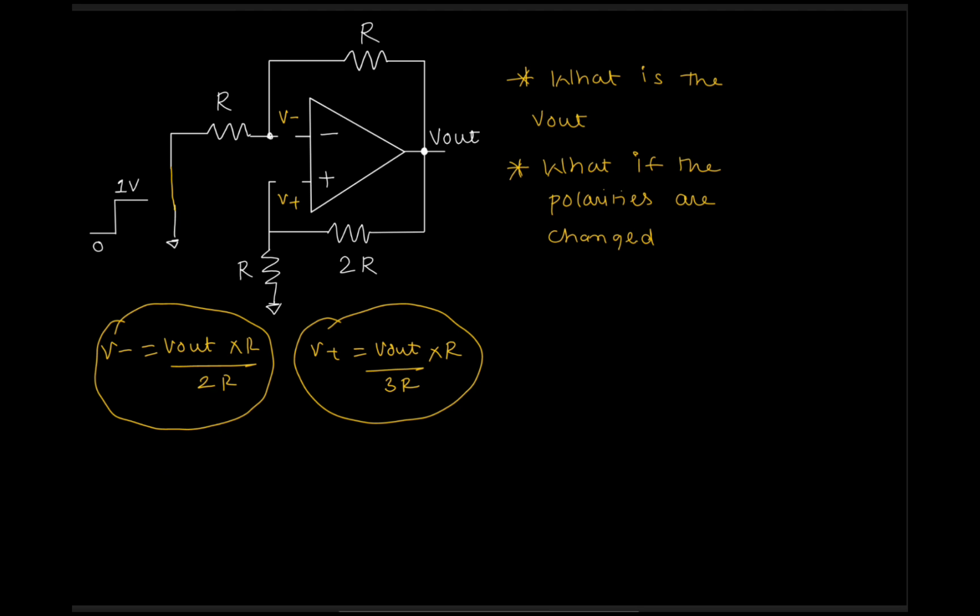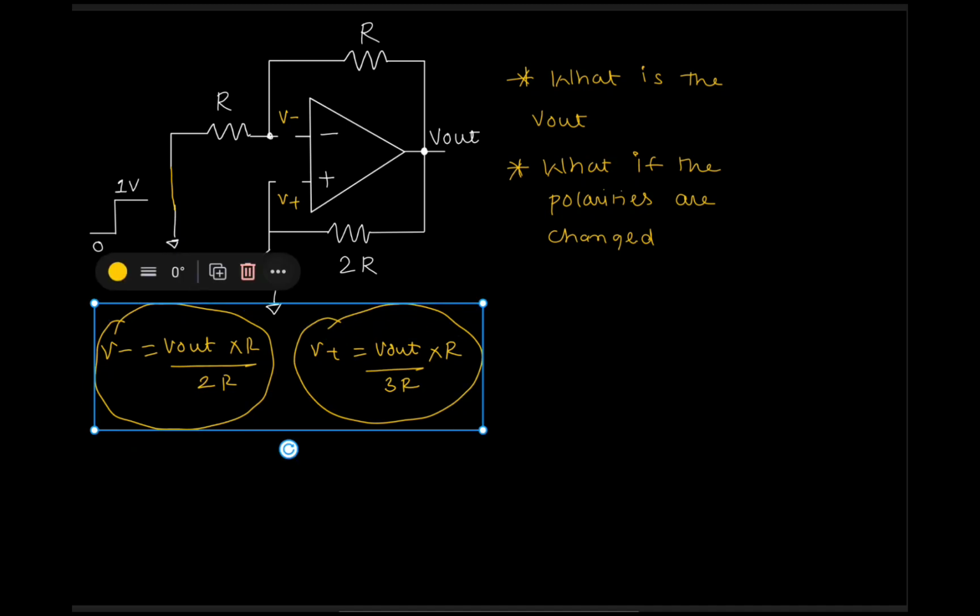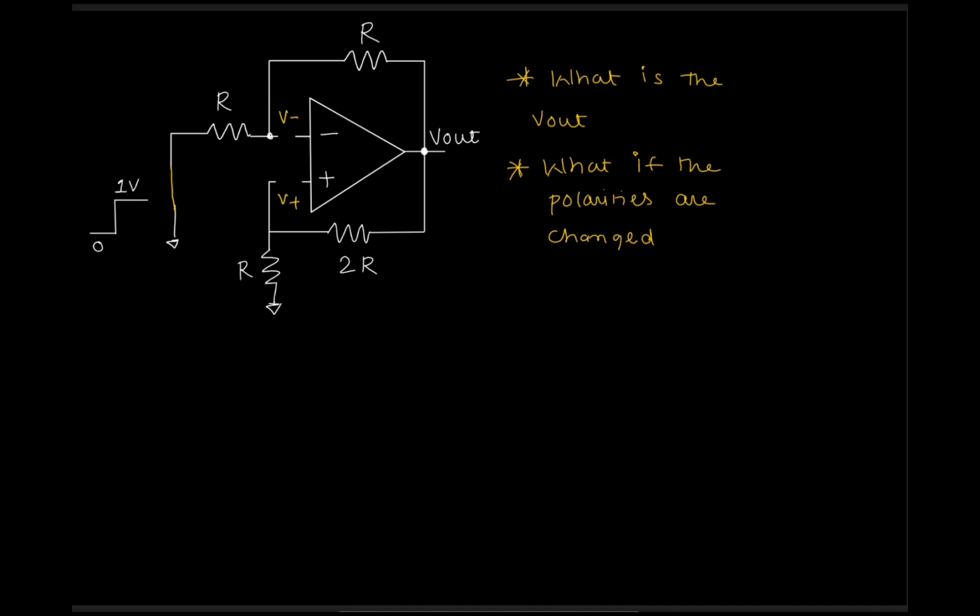That means negative feedback is dominating the positive feedback, so the overall system will be in negative feedback itself. And why are we finding this? Because virtual short is only valid in negative feedback. You can't apply the virtual short if the feedback is positive.